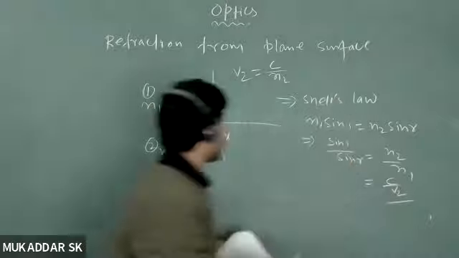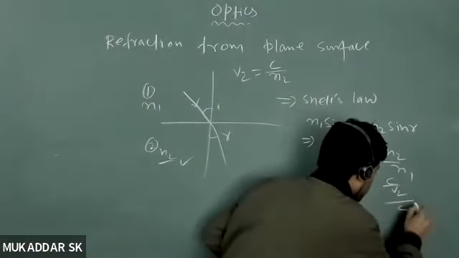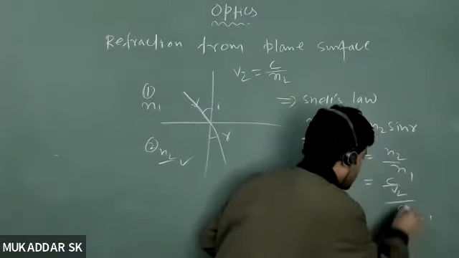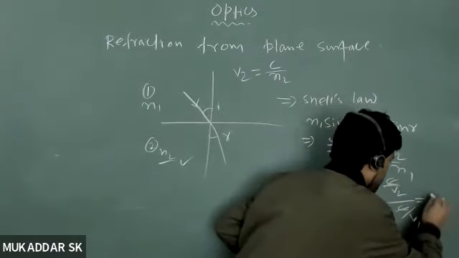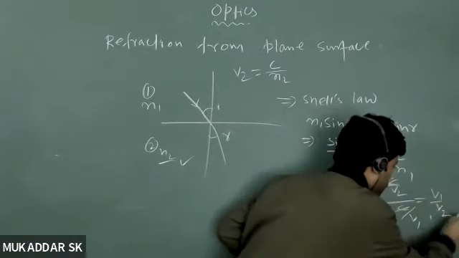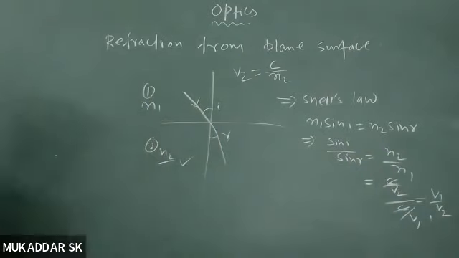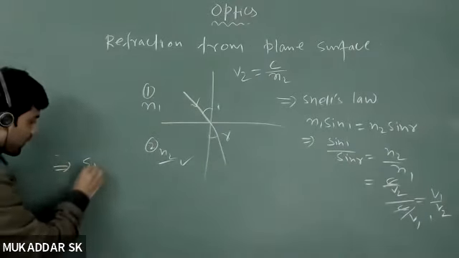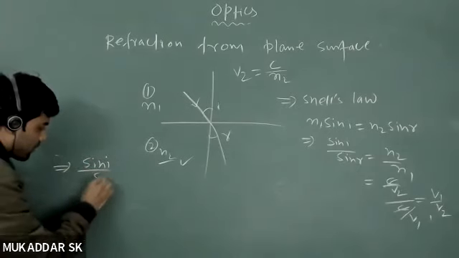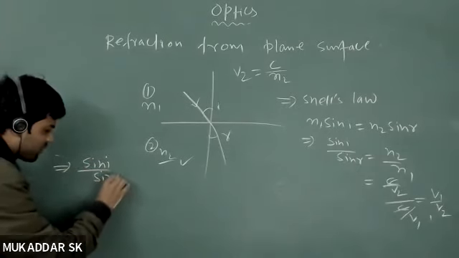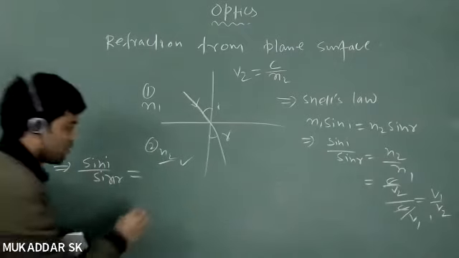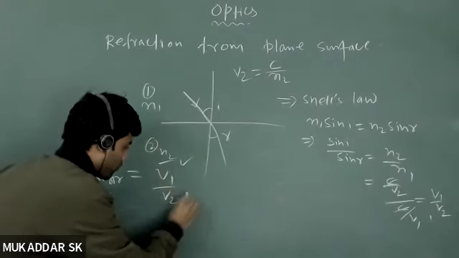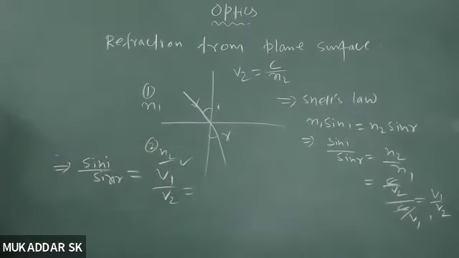And again, in place of n1, I can write c by v1. The c will be cancelled, and you will get v1 by v2. So I got sine i by sine r equal to v1 by v2.